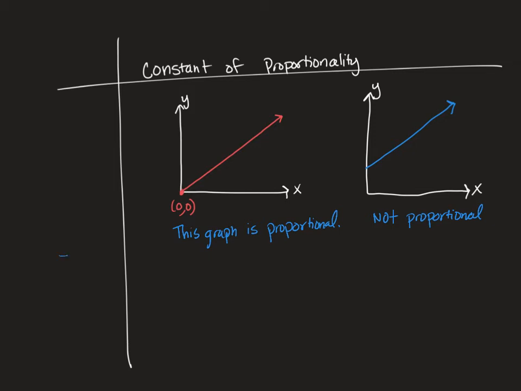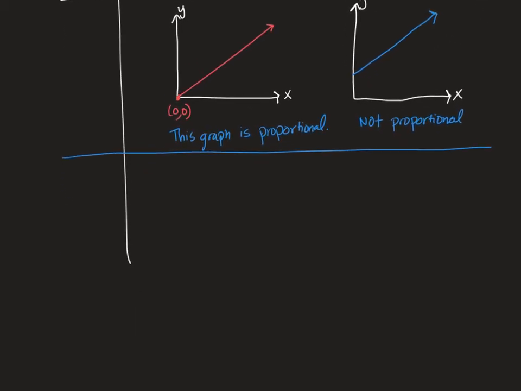All right, so you are going to be often presented with a graph or a table. So let's just get right to an example. The example is going to ask you, does the table represent a proportional relationship?